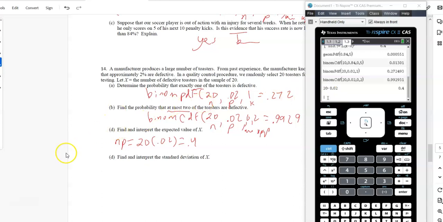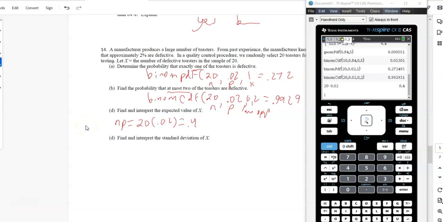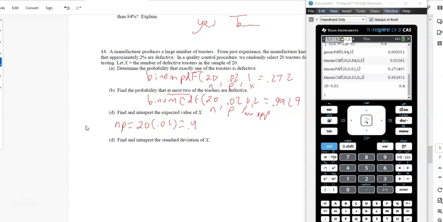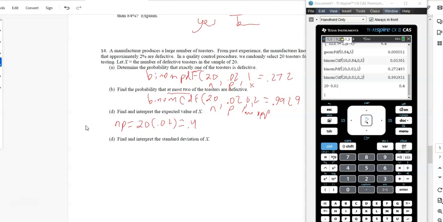If we took many samples of size 20 of toasters, then we would expect about 0.4 of them to be defective. It's not a percentage, I don't think. That's actually like 0.4 of every 20 to be defective. First I thought it was a percentage, but it's not.